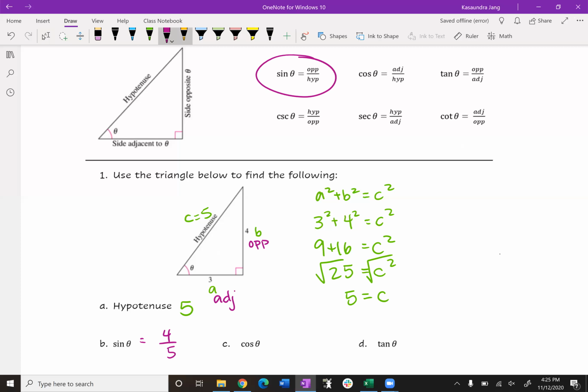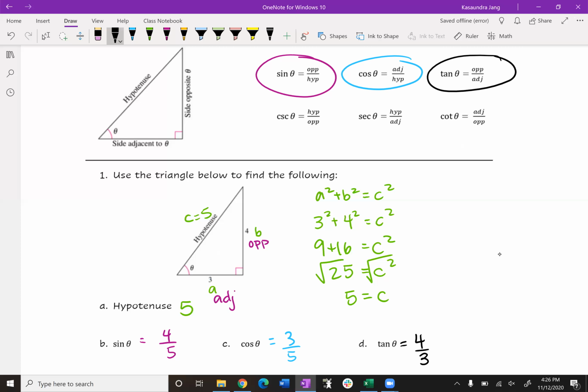My cosine is the adjacent over hypotenuse, and we already labeled adjacent as the 3 over the hypotenuse 5, so 3/5. And then my tangent is opposite over adjacent. So opposite is 4 over adjacent 3, so 4/3.